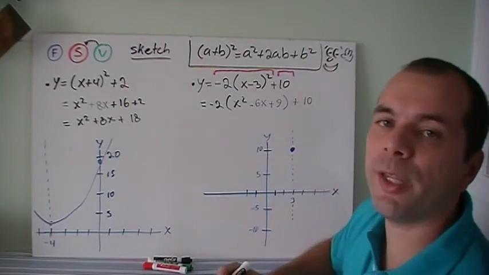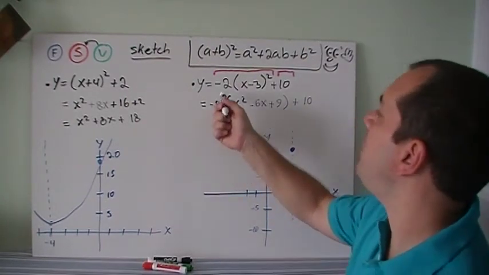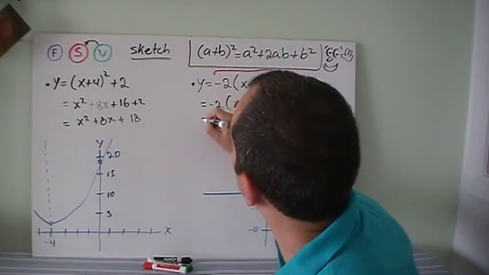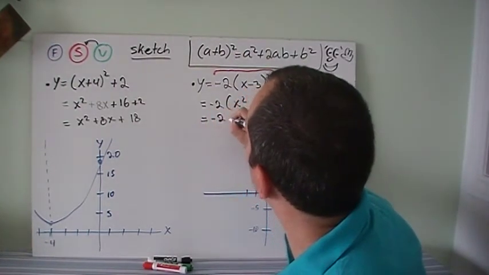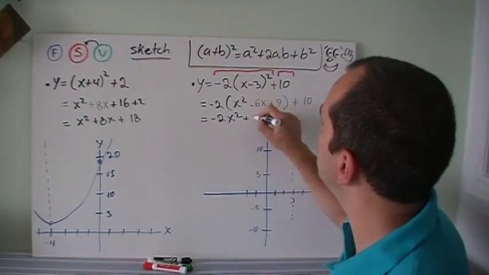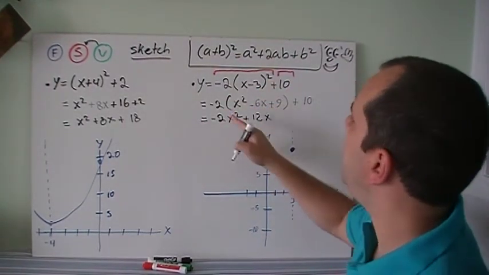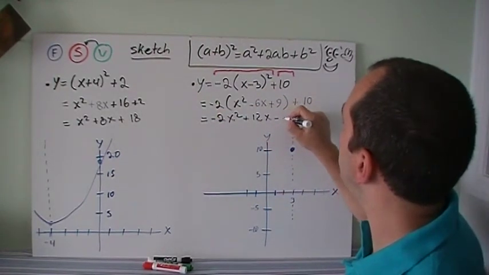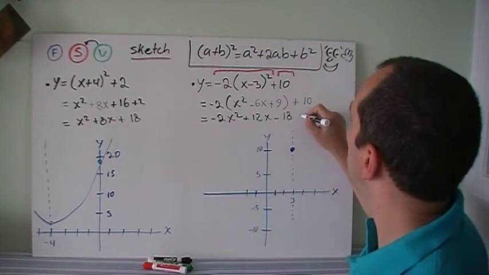And let's not forget about that +10. Now we need to multiply this inside. -2x squared. -2 times -6 is plus 12x. And -2 times 9 gives me -18. And then we've got the +10.